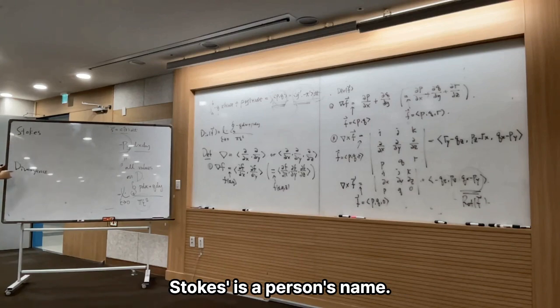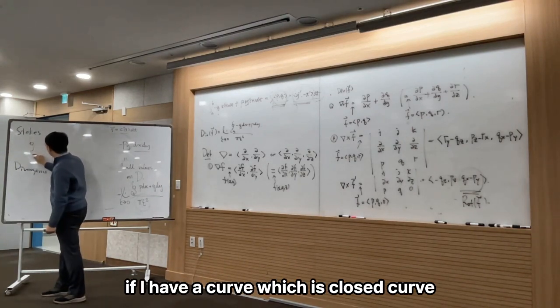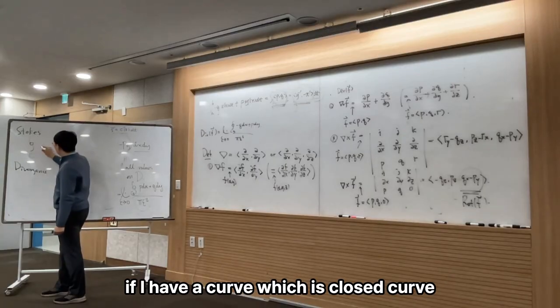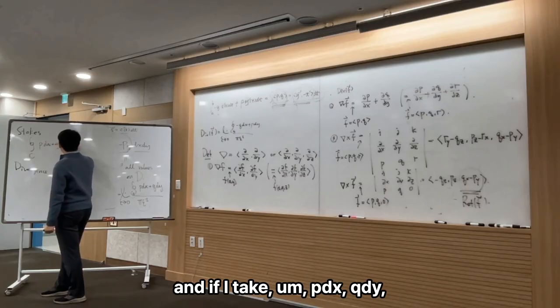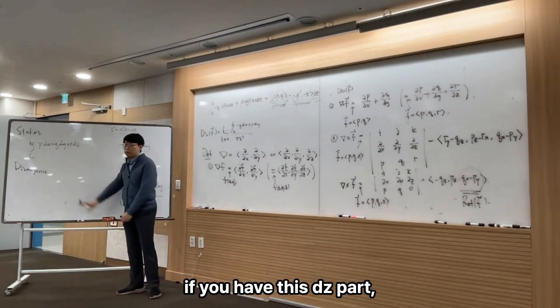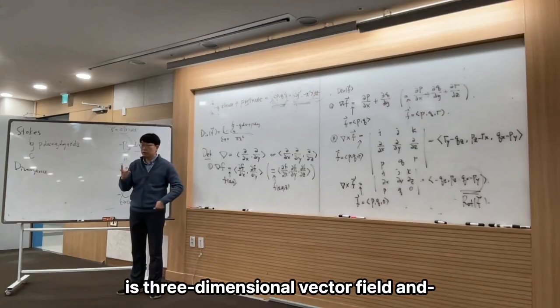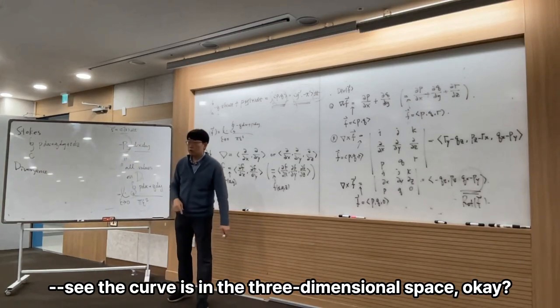Stokes is a person's name. So Stokes' theorem says if I have a closed curve, and if I take P dx, Q dy, R dz, so basically if you have this dz part, that means your vector field is a three-dimensional vector field, and C, the curve, is in three-dimensional space.